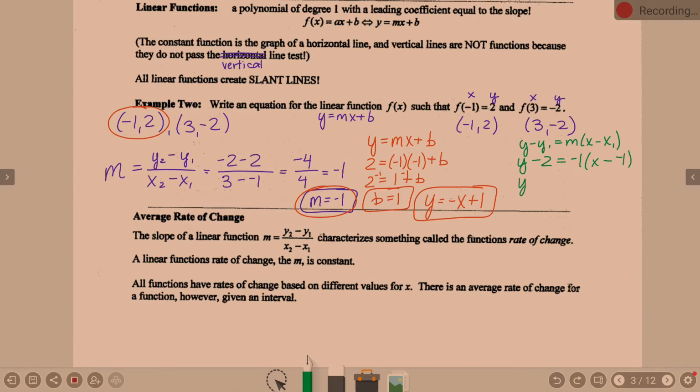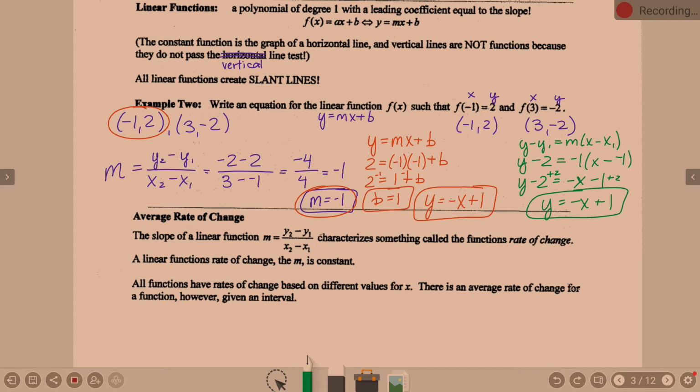And so then it would be y minus 2. Distribute -1, so -x. -1 times +1 would be -1. And then you could add 2 over: y equals -x plus 1. Okay.